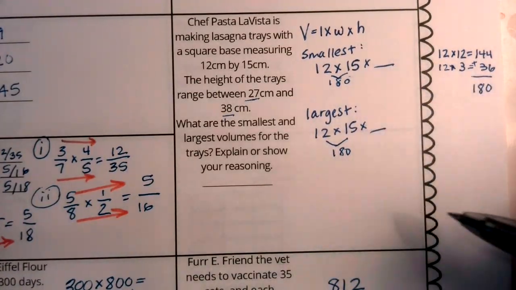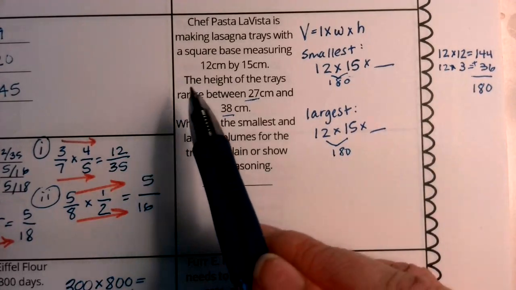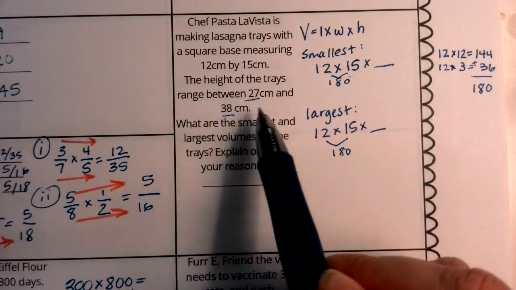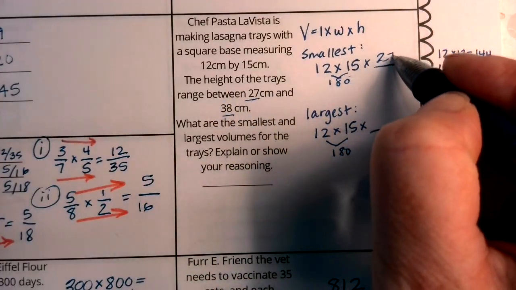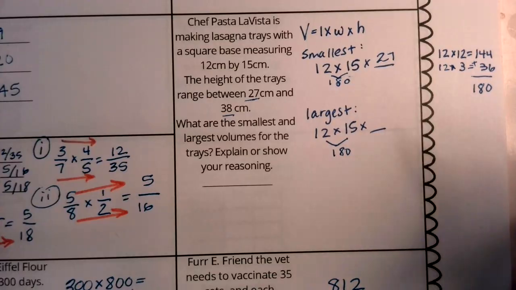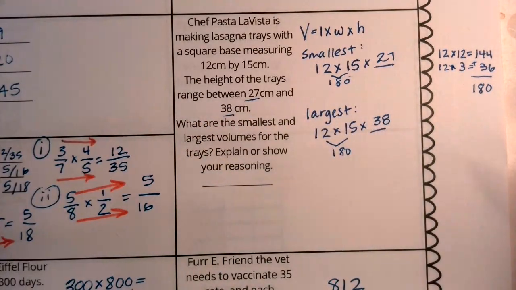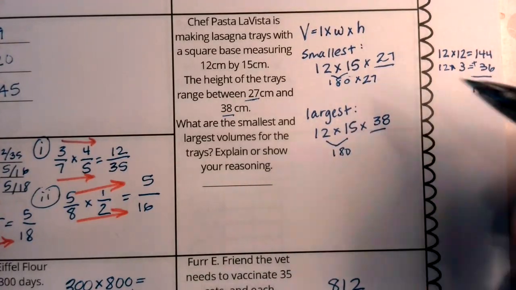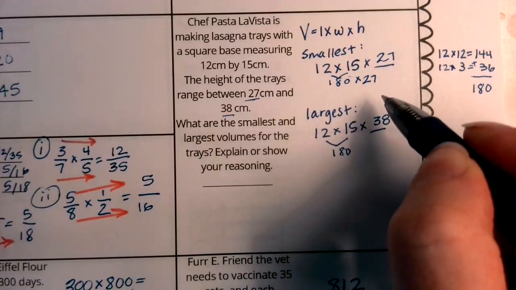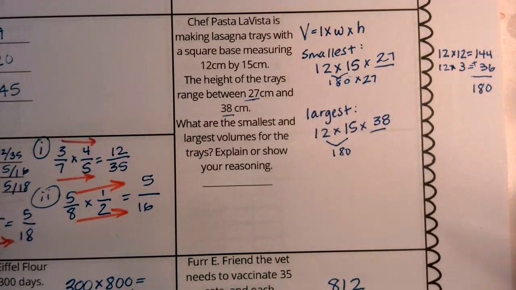The next thing I need to play with is the difference in height. The smallest tray is going to have the smallest height, and the smallest it can be is 27 centimeters. The largest it can be is 38 centimeters. To find the overall volume, I need to multiply the area of the base, the 180, times the 27.